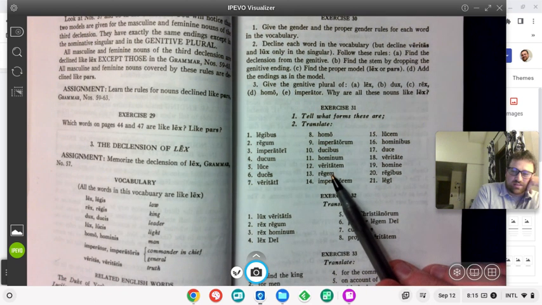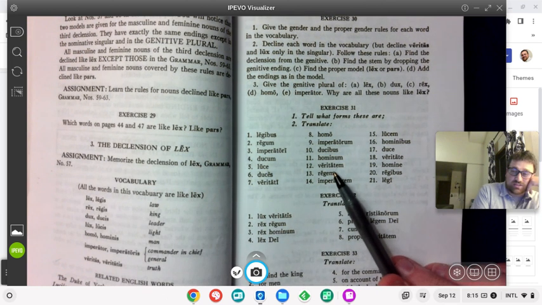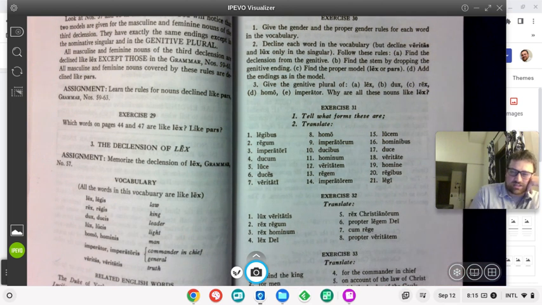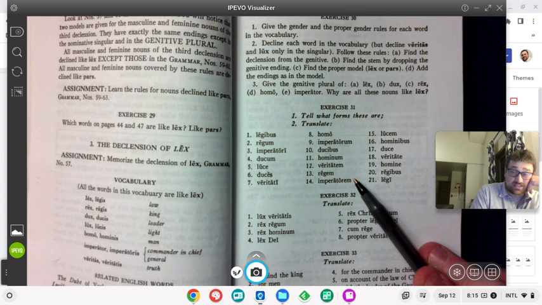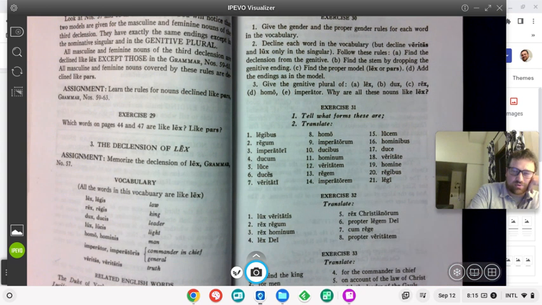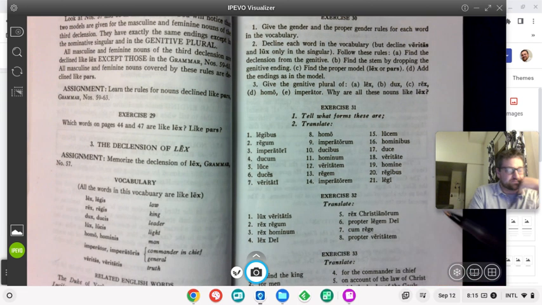Regem, and don't get the M's confused with the right? There's an accusative singular ending, so this means the king, like somebody kills the king, or somebody sees the king, or somebody hates the king. And then same ending, an accusative ending, but it's the emperor instead of the king, when somebody verbs the emperor. So these are both accusative singular.